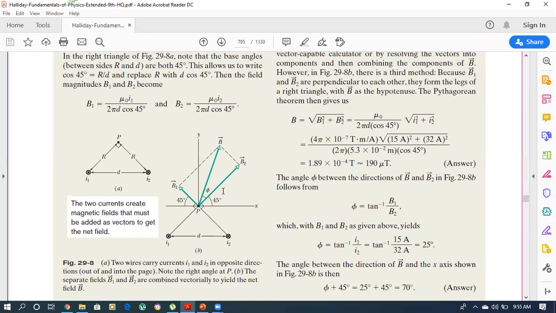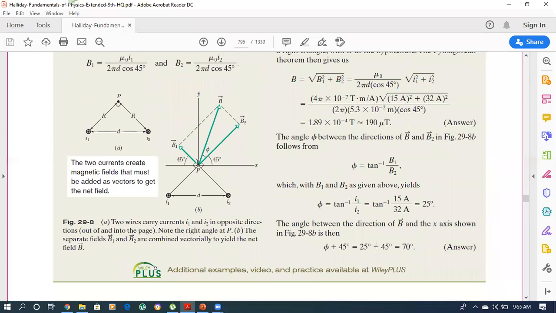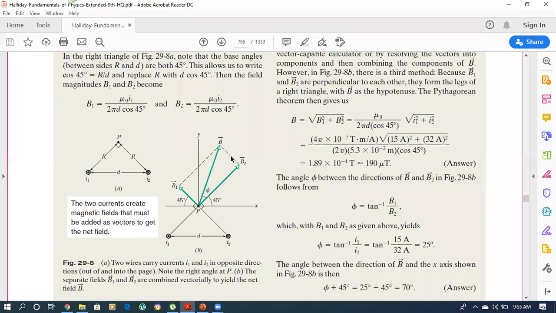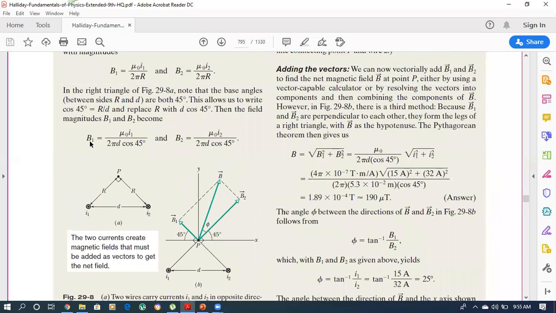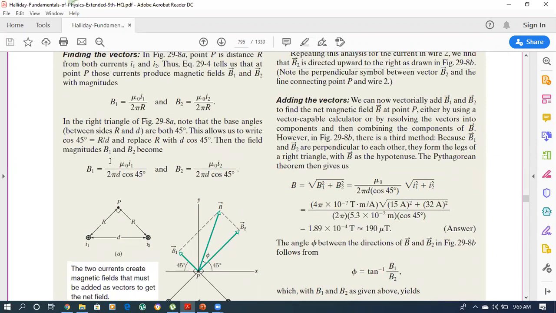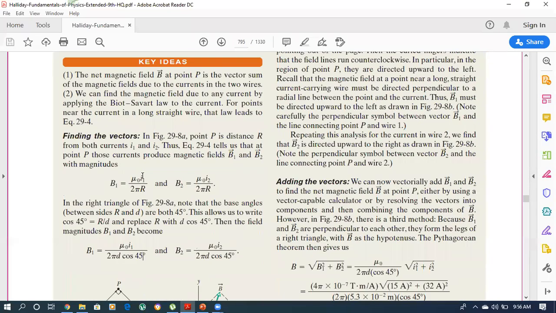Figure 29.8b is showing the net direction of the magnetic field. We will calculate the angle in a further step. Due to the current in wire I1, B1 is calculated here. The question is where D cos 45 comes from, since it is not given in this statement.